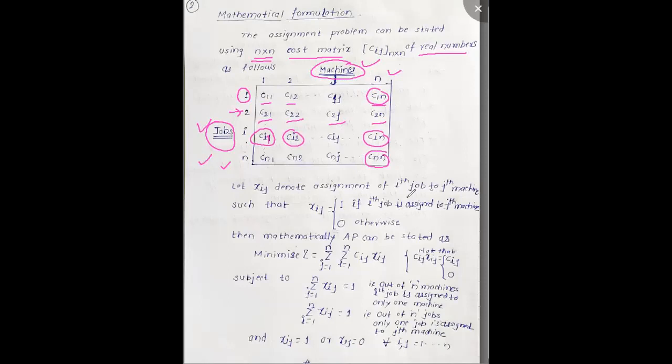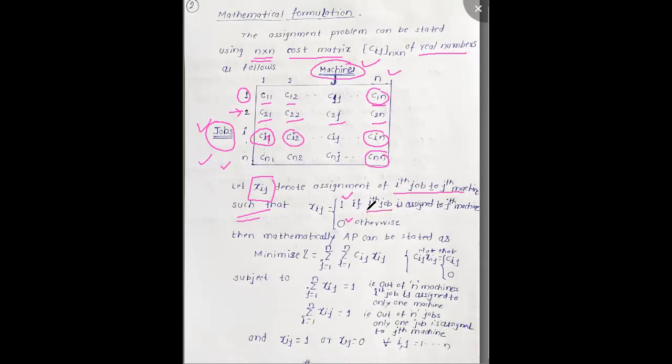Now we require a variable. So let xij be a variable in the problem, because without variable we cannot formulate the problem. So xij denotes assignment of ith job to jth machine, such that xij takes only two values, 1 and 0.